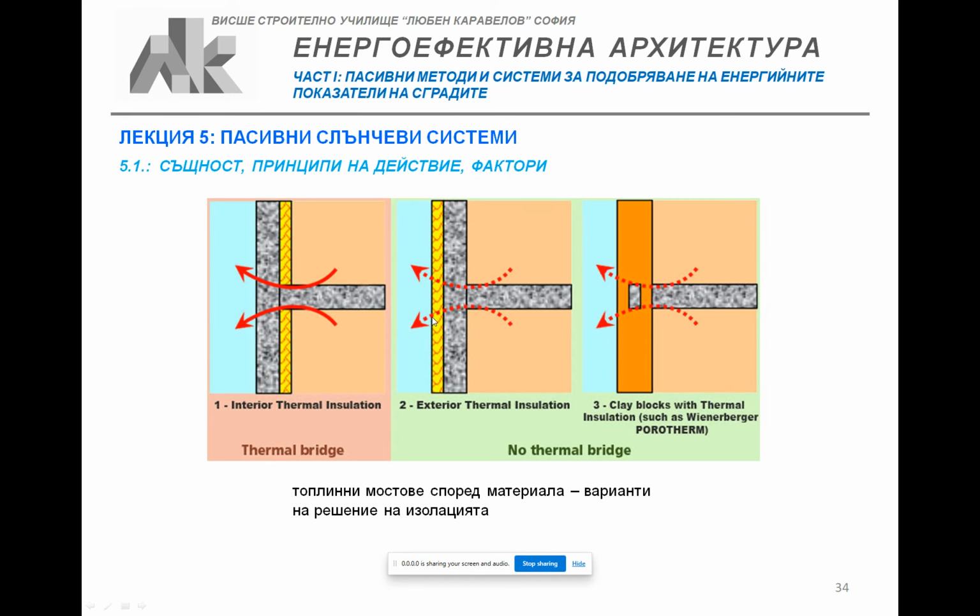The outer insulation has some positive effect, still doesn't prevent the whole heat loss through thermal bridge. Also, if the outer wall is with more isolating material, still there is some heat loss.